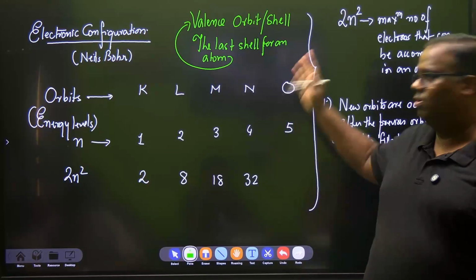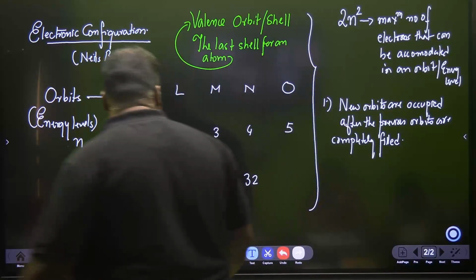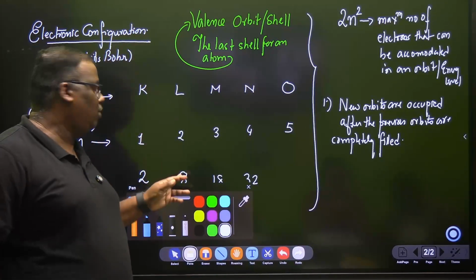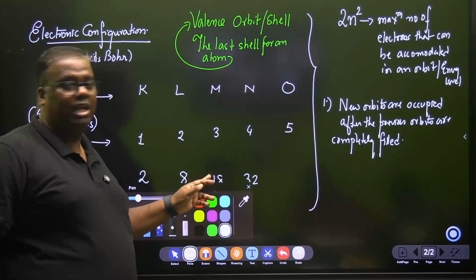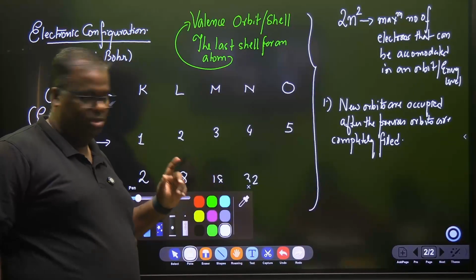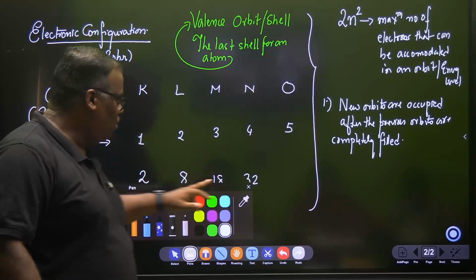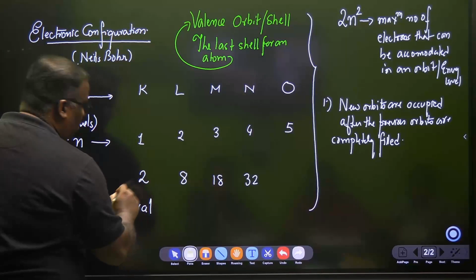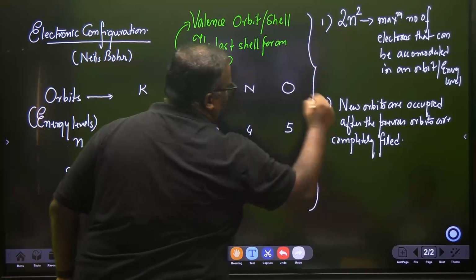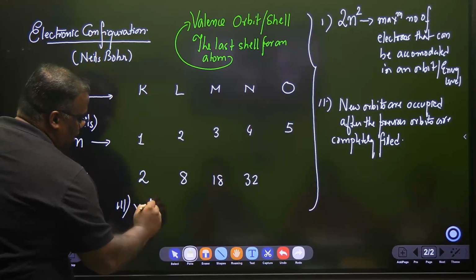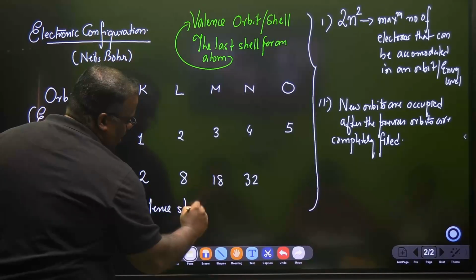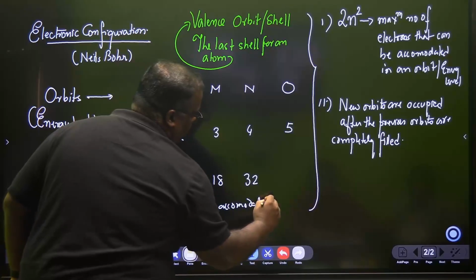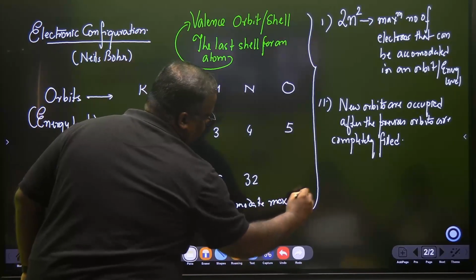Understood? Now, what all did you learn so far? You learned that the second shell can have 8 electrons, the third shell can have 18 electrons. But there is a catch. This was point number 1, this is point number 2, and point number 3: the valence shell can accommodate max 8 electrons only.